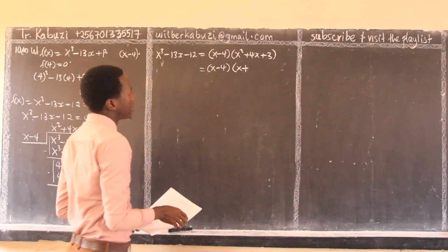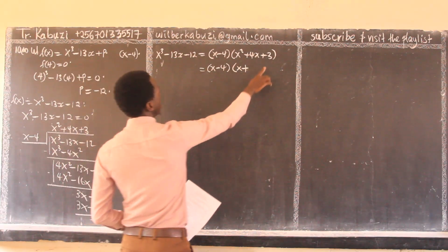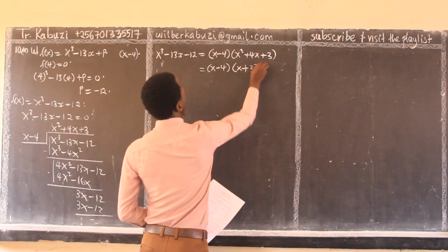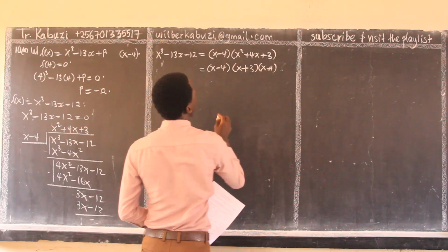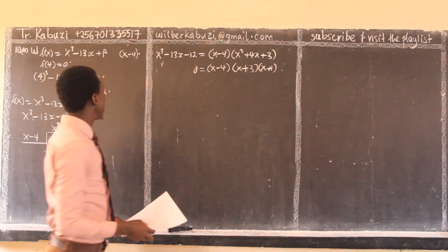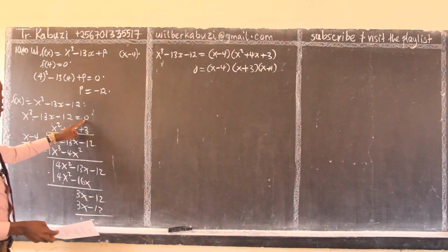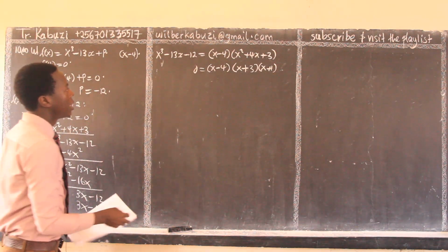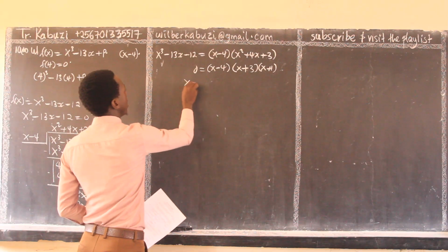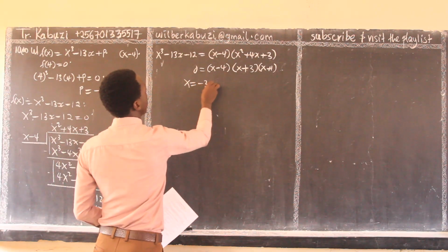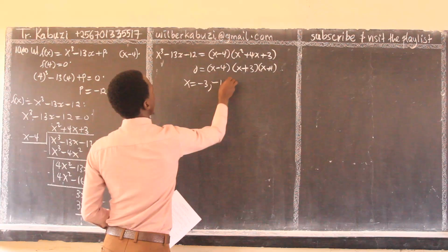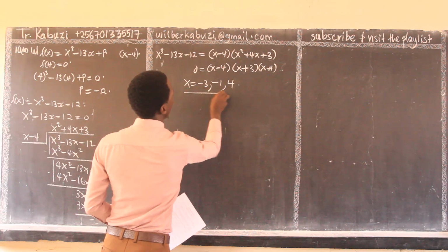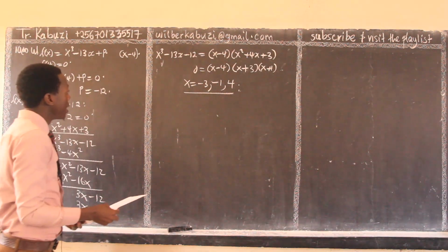We factorize that, and we have the two factors, 3 and 1. So if we equate it to 0, all of this is 0. You are able to see that x is negative 3, negative 1, and 4. So we have solved that.